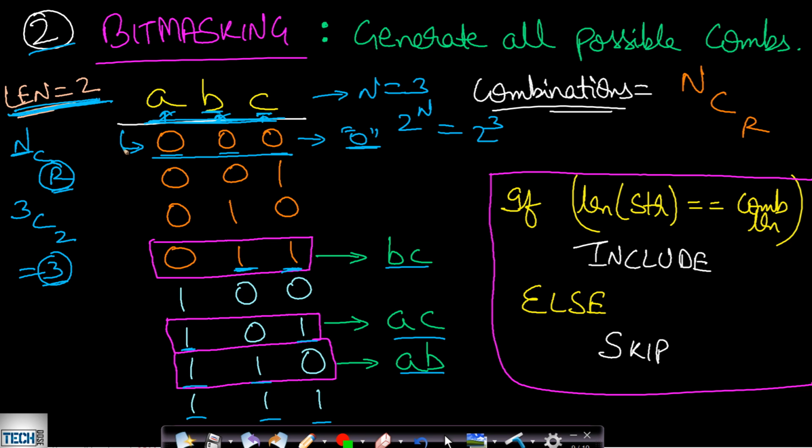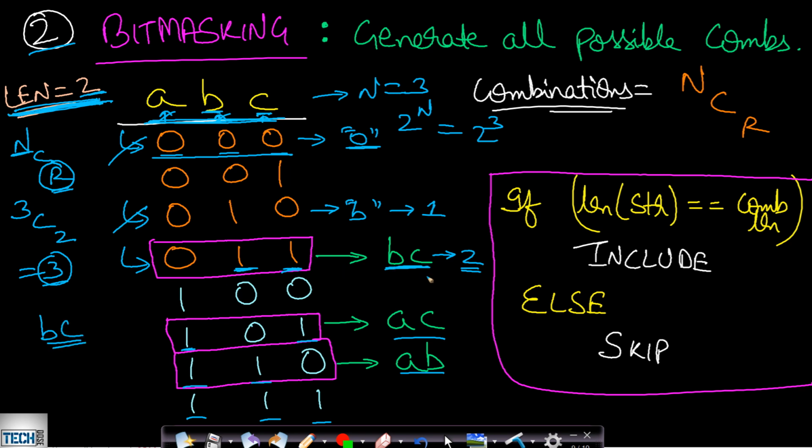So this will not match. Now similarly, if we check, let's say, this string, then this will give us a value B. Now this will have length equal to 1. So 1 is not matching 2. So we will not include it. Now for this string, it will give us a string BC, and this will have length 2, which is equal to our combination length. So this is of our interest. So we will just store it.